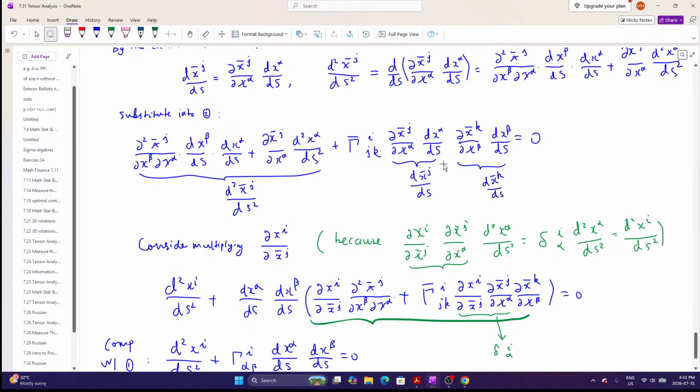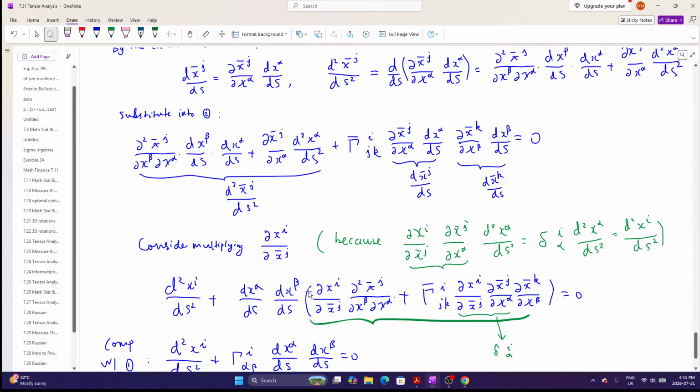And by taking out the common factors, which is dx alpha over ds and dx beta over ds, yeah, that looks great. Second derivative. Oh, actually, I've done mess up.